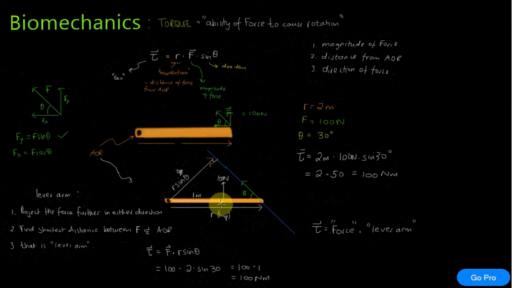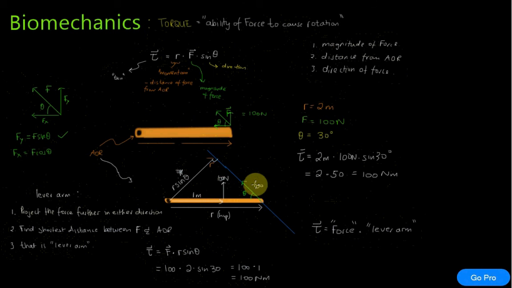So a force of 100 newtons acting at 30 degrees, 2 meters from the axis, is the same as 100 newtons applied 1 meter from the axis.